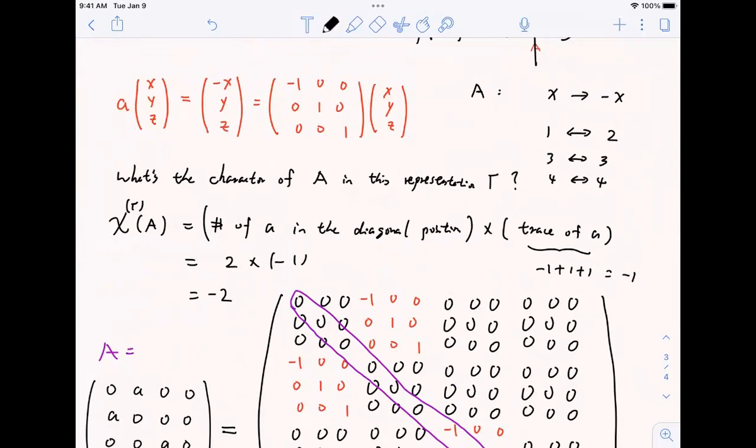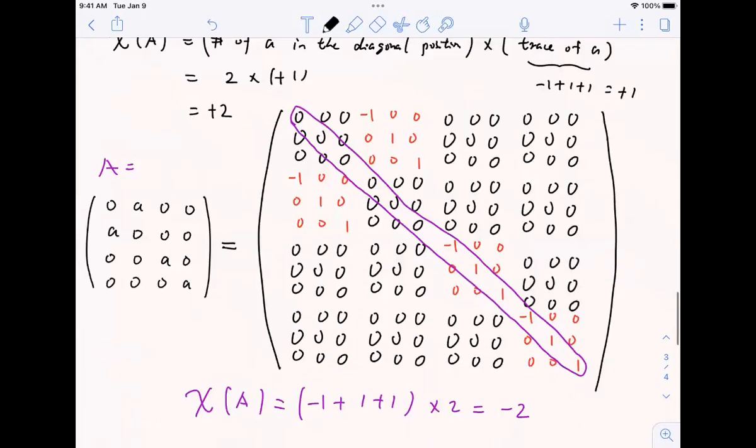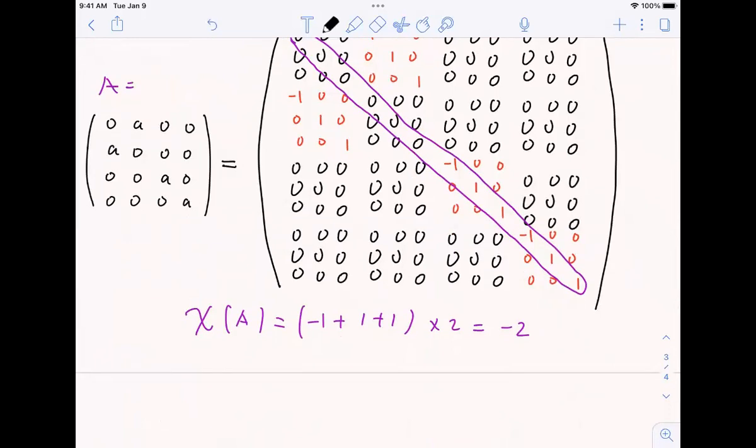Is it okay? Oh, sorry, +1. My mistake. So this is +1, so this is +2. Yeah, that's a mistake. +2. Is it okay? Not difficult, right?